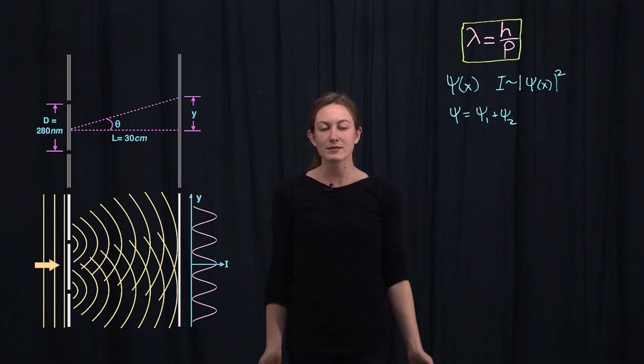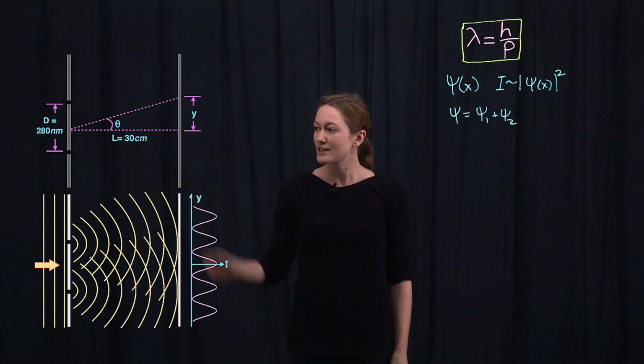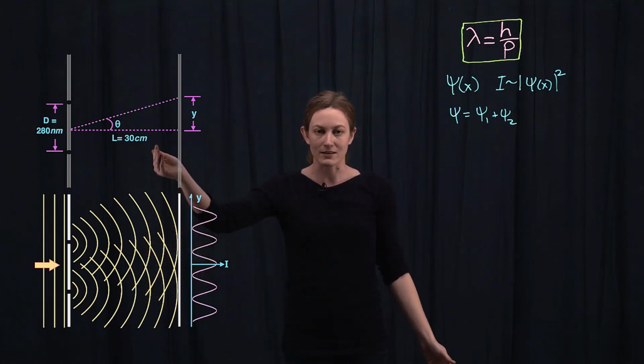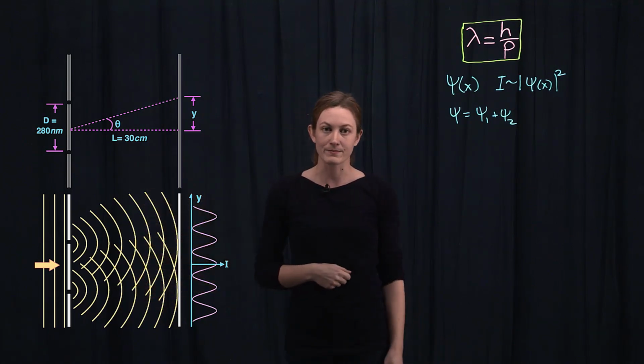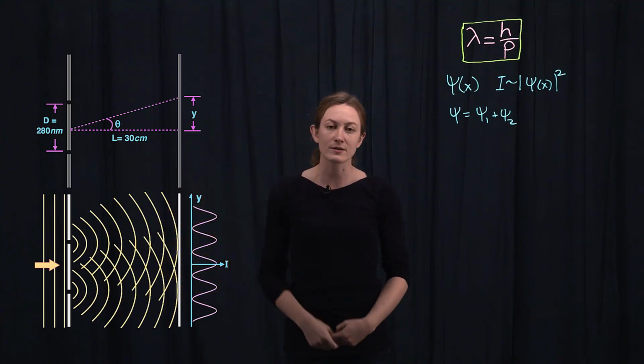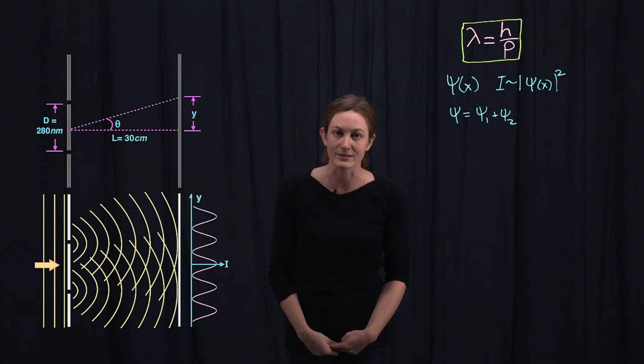Okay, so what's the punchline? The punchline is that even though the electrons arrive in discrete particle-like lumps on the detection screen, the probability of where they're going to arrive is determined by the intensity profile of their associated wave function.